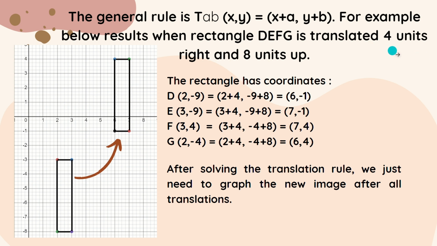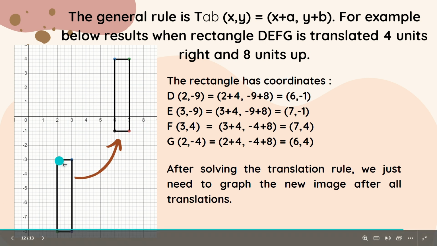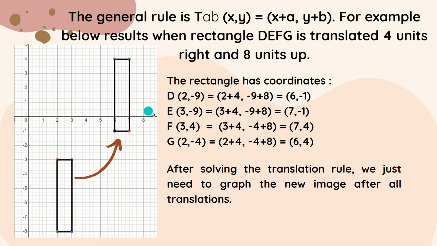So, translated daw siya ng 4 units right, and then 8 units up. From here, ito ang ating pre-image, then this is our image or the final image. So, nag-transform siya from here to here.